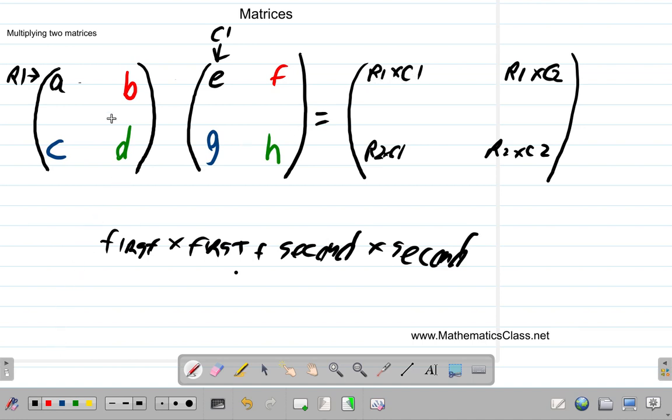So what do we have? The first element in row 1 times the first element in column 1 is A times E. So we have A times E, that's AE, plus the second elements now, second in row 1 times second in column 1, that's BG. So that's BG.